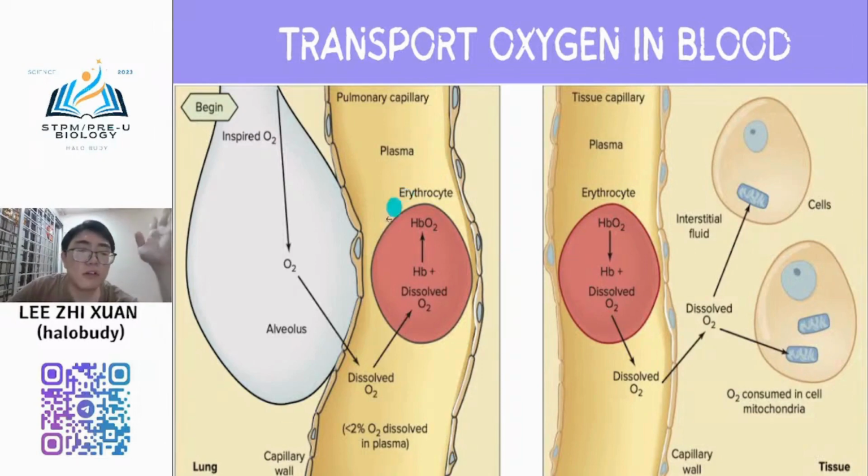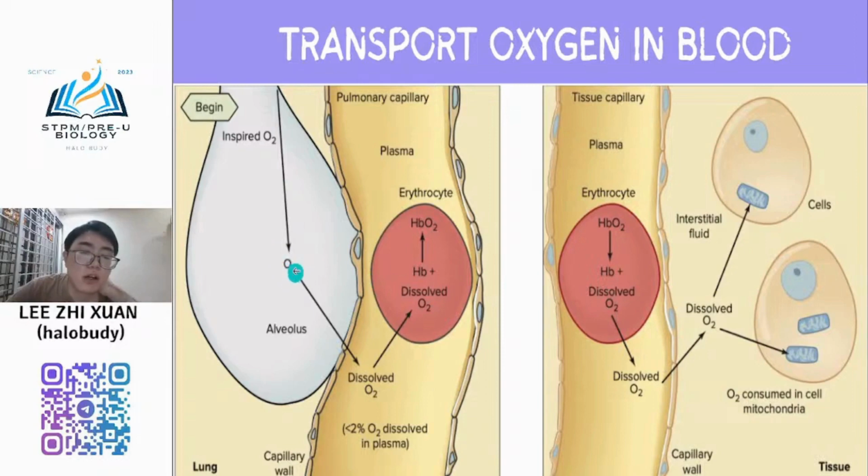So you know diffusion, right? The diffusion theory that you learned in semester 1. Simple diffusion of oxygen gas is down the concentration gradient. So where there is high oxygen concentration, it will diffuse from the alveolus into the blood capillary.